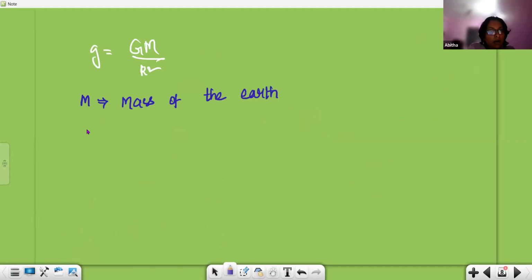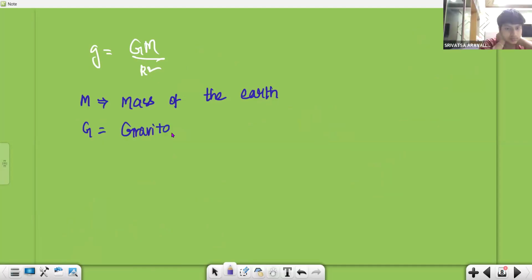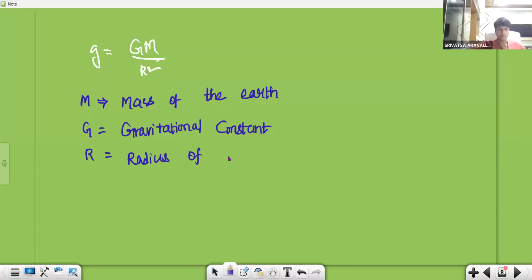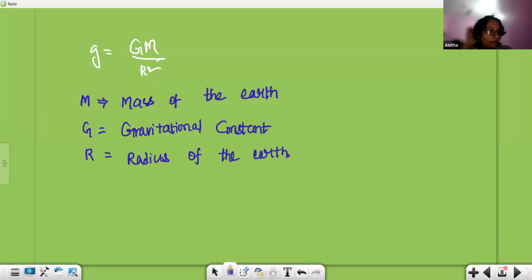What is G? G we have already studied. It is the gravitational constant. What is R here? R is the radius of the Earth. Clear?